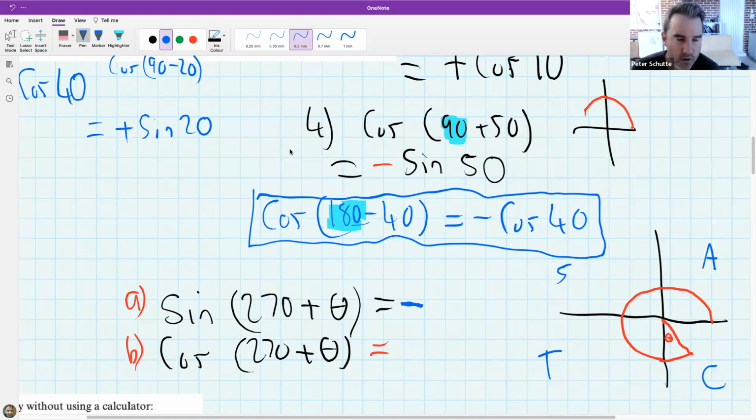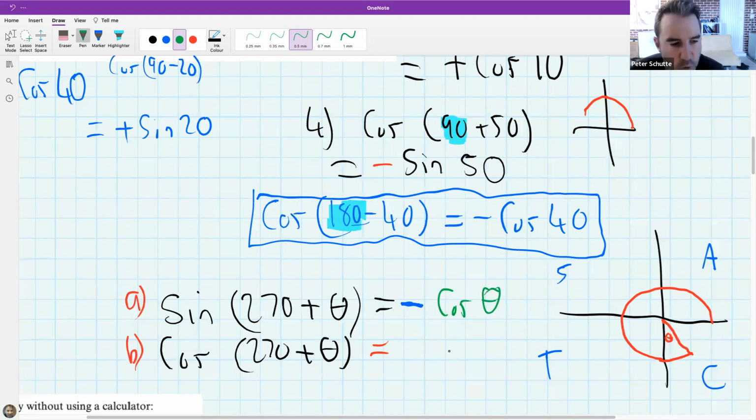Let's go to Leander. Leander, I think your hand is up. I think I'll try and unmute you here. What do you think comes next? Sir, since sine is negative in the fourth quadrant, we know that the co-function of sine is cos, so the answer would be negative cos theta.